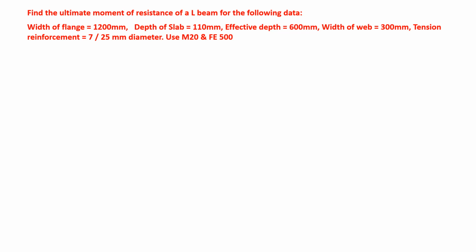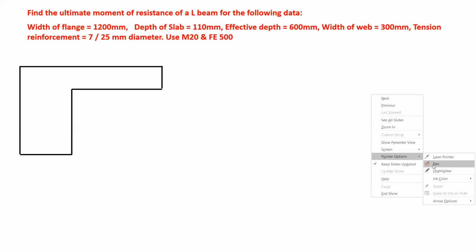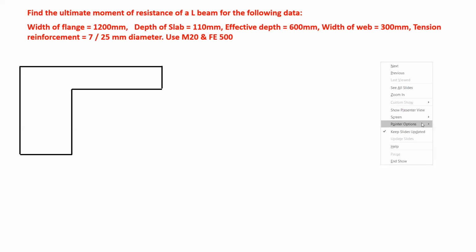So this problem is of T and L, so we have to keep in mind it may be T or L. If we have L, then we have it in this fashion, and we have to write down the data one by one in this diagram. We are given width of flange 1200 millimeters.